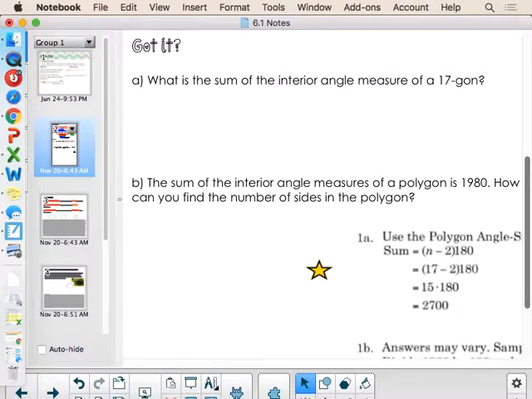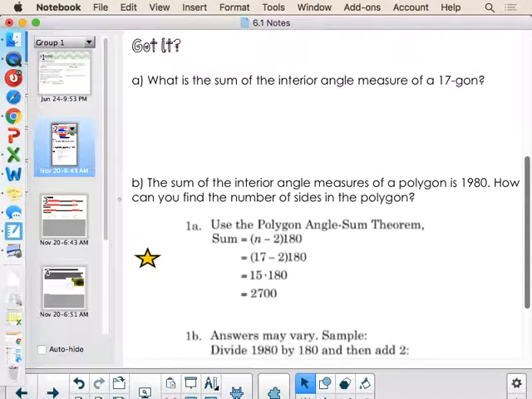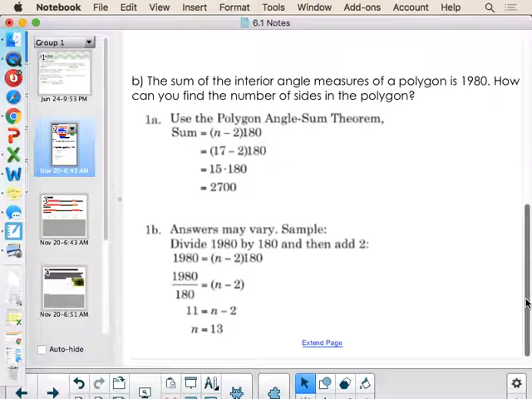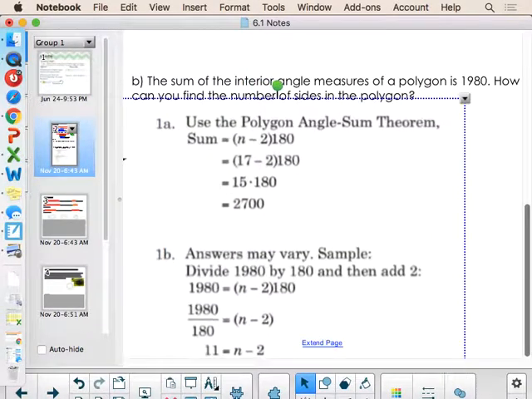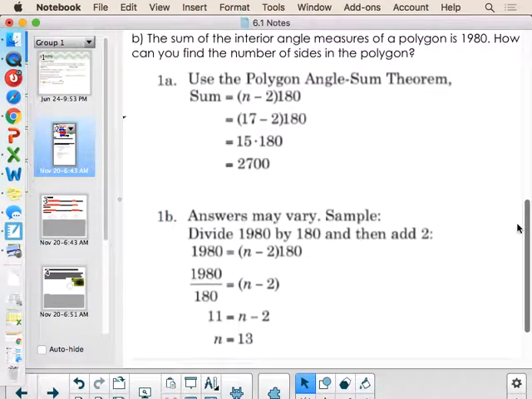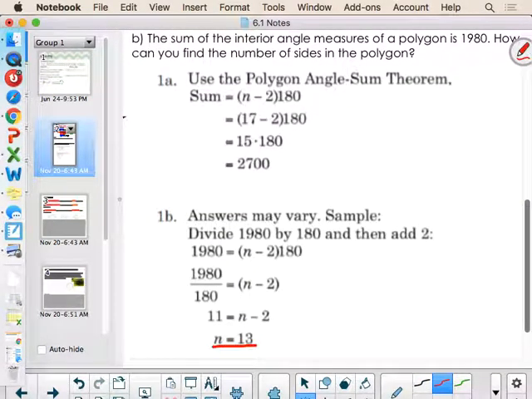Let's check the answers and the work. So if you got the answers wrong on Edpuzzle, please make sure you are looking at these steps. So notice that we had answers of 2,700 as well as 13, okay? Something I would like to point out, notice that this came out as an integer answer.